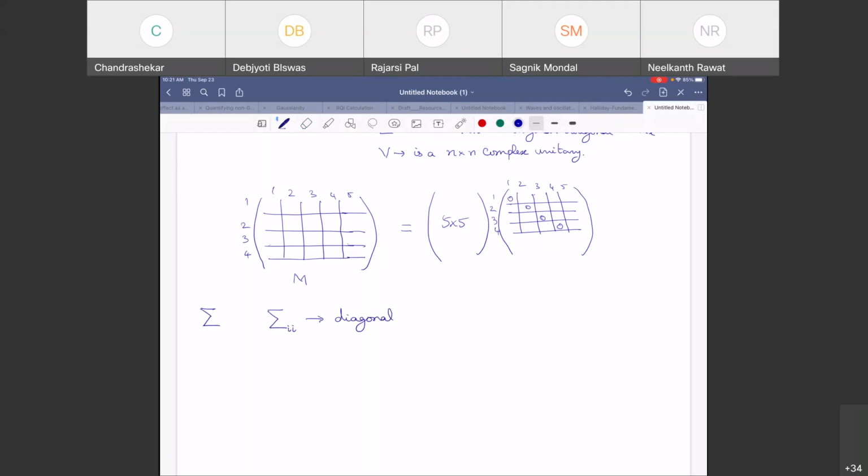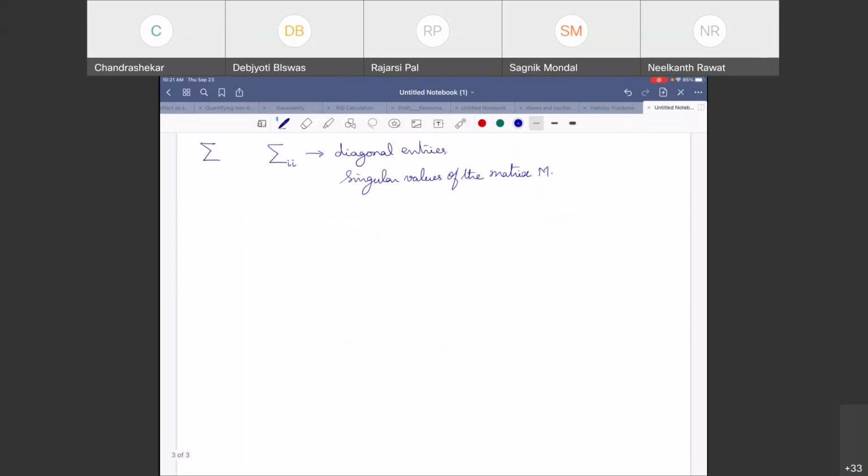These entries are the singular values of matrix M. So the number of non-zero singular values is called the rank of the matrix.